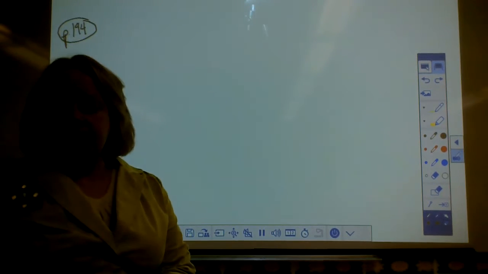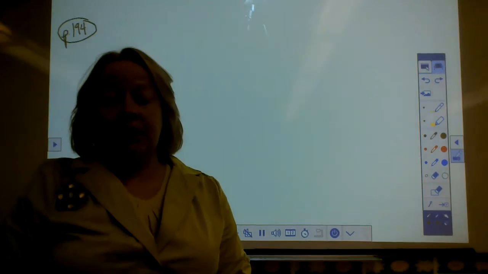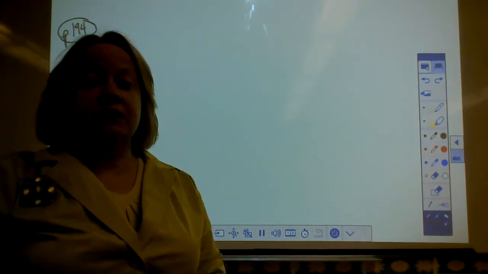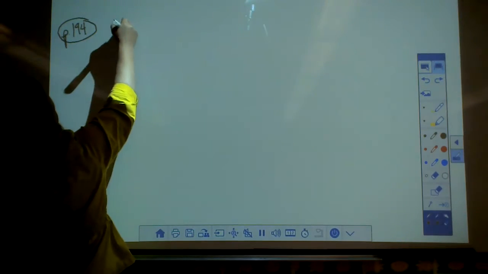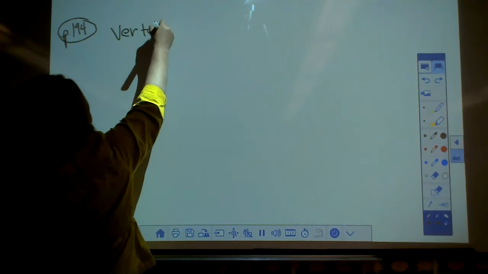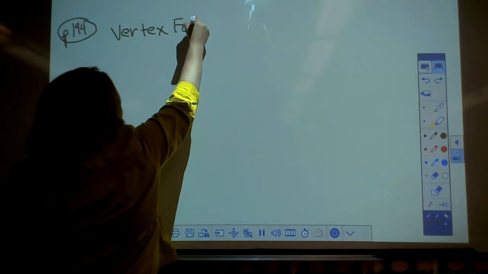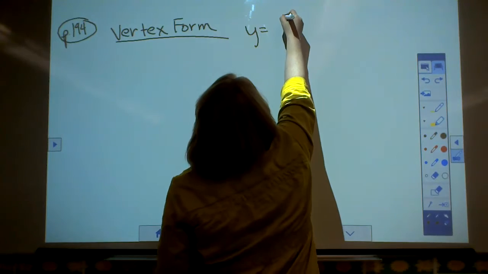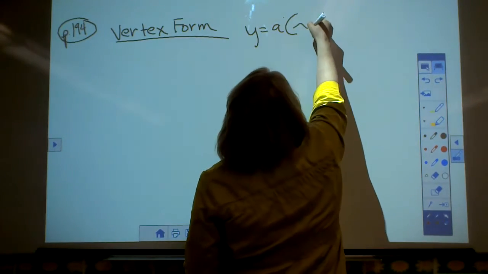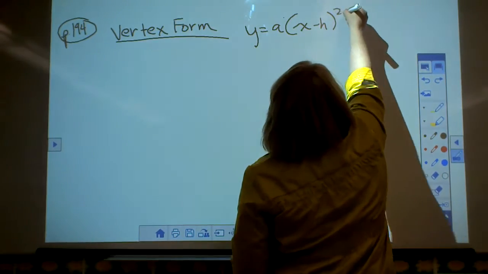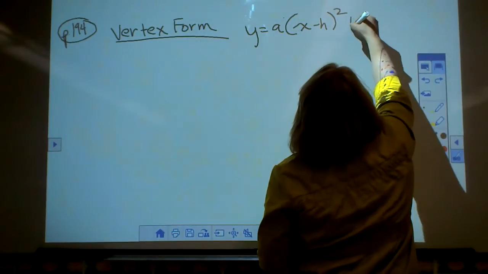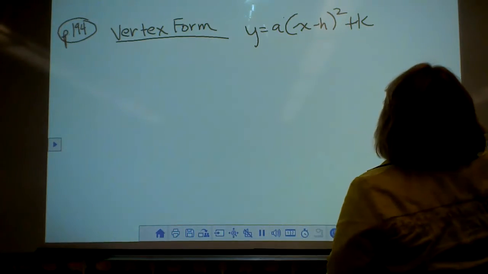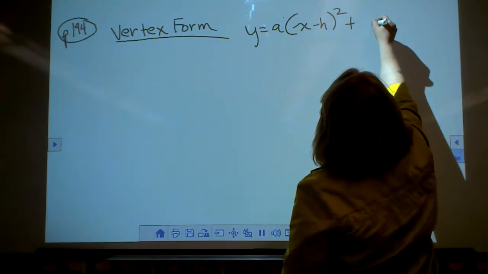Vertex form is a special form that mathematicians use to quickly graph quadratic equations, and this is what it looks like. y equals a times (x minus h) quantity squared, and then plus k. Okay, that's what it looks like. Let's write this a little bit better.